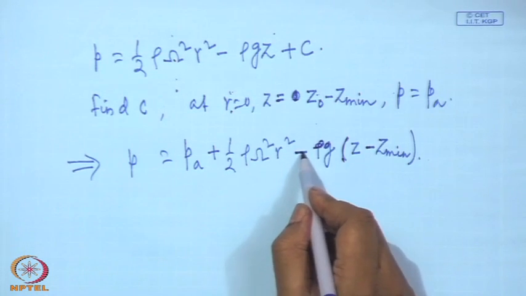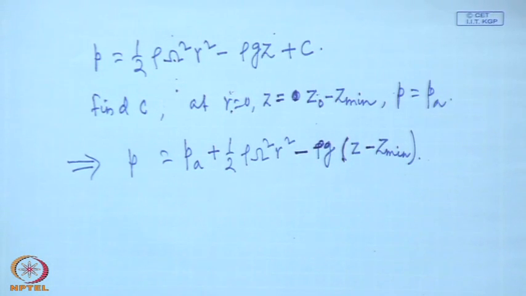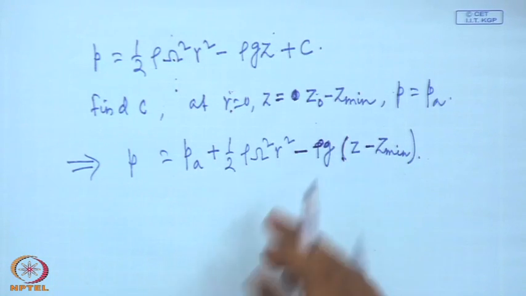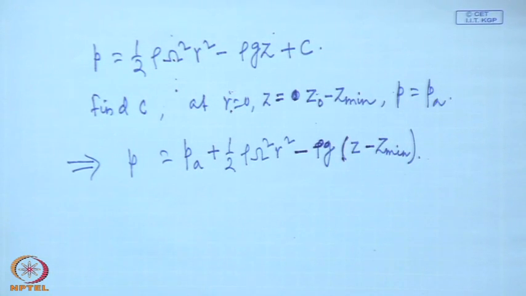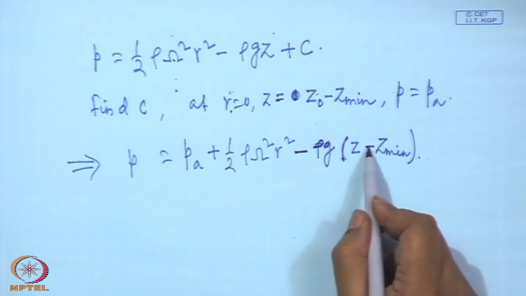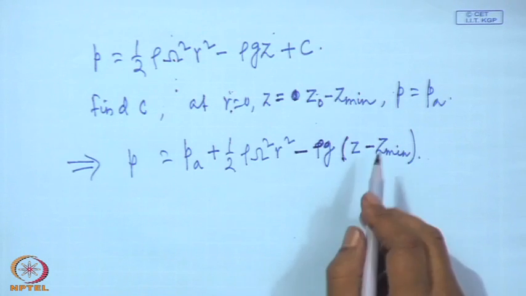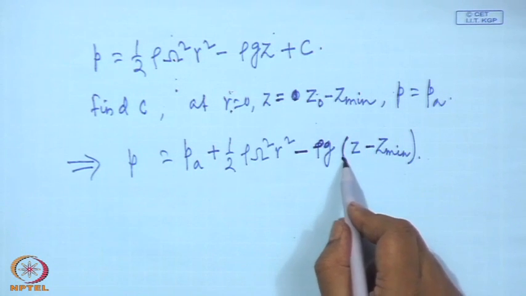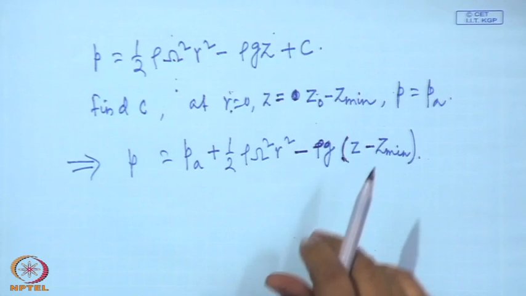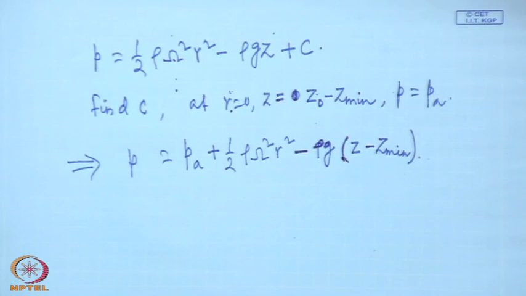You are not considering that it is the depth below the undisturbed free surface that you have considered. All these z are negative, that you have not taken into account, because your origin is such that you are considering only negative z.